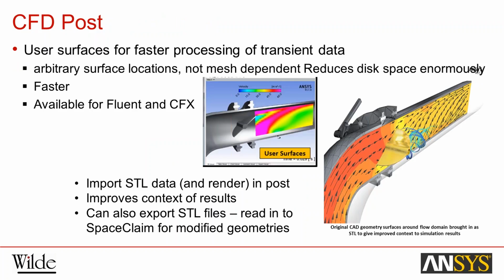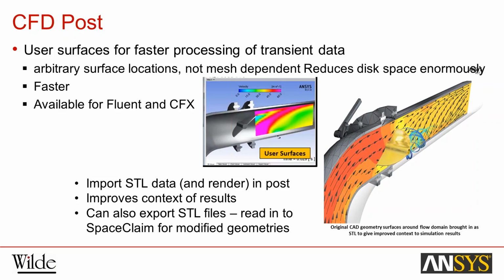Within CFD Post, one feature which is part of FLUENT and CFX, which is being exploited in the Post, is the ability, instead of outputting data for the whole of the model, to output data potentially over just a small surface or section. It's an arbitrary surface that you can set up anywhere, and this has some major benefits when it comes to transient modeling.